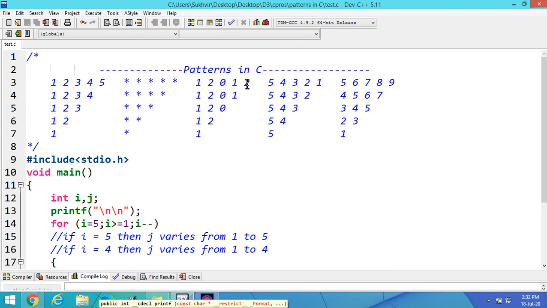1, 2, 0, 1, 2. Now the value is 1, in place of 2 the value is 2, in place of 3 the value is 0, again in place of 4 the value is 1, in place of 5 the value is 2.